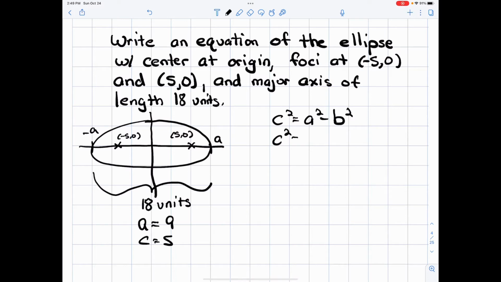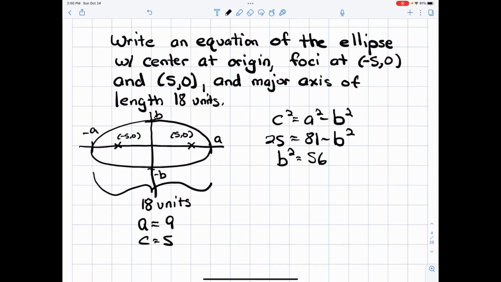So 25 equals 81 minus B squared. So B squared equals 56. I don't really need the square root of that, but if I did, that would tell me what's going on here and here.